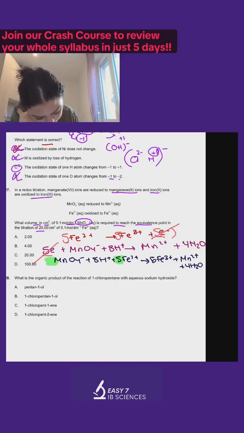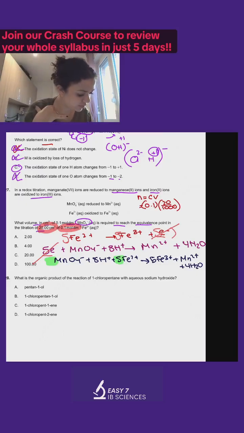So if I have 20 centimeter cubed of 0.1 molar of iron, I can find the moles by doing n is equal to CV. The concentration is 0.1. The volume is 20 divided by 1,000 because it has to be in decimeters. 20 divided by 1,000 is going to give me 0.02 times 0.1.